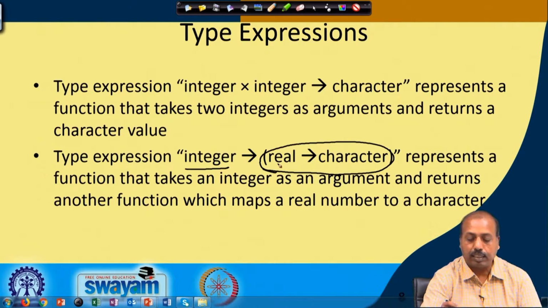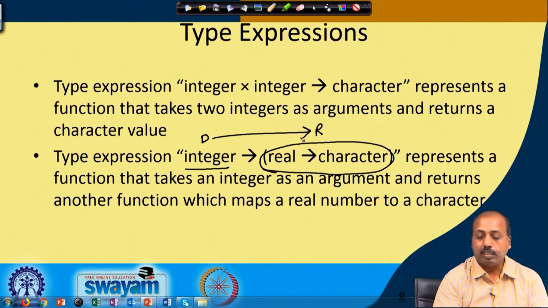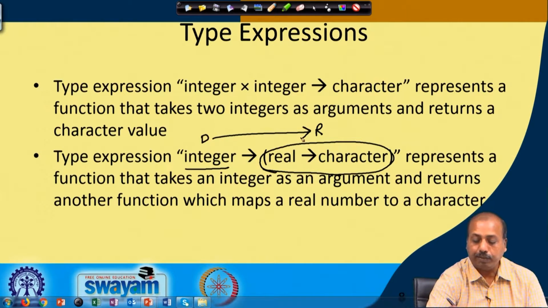So, as you can understand, if this is the domain, it takes values from D and this whole thing is the range. So, it maps this D to R, but what is this R? This R is again real to character. So, this is again a function. For this function the domain is real and range is character.